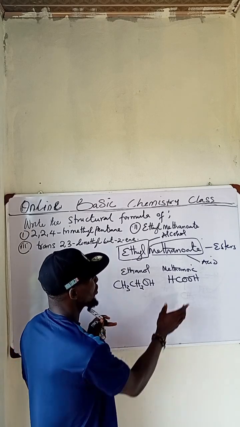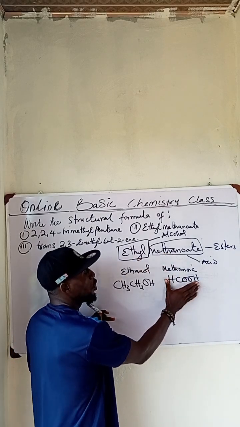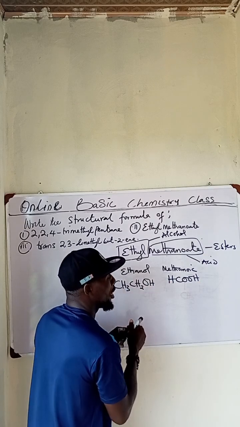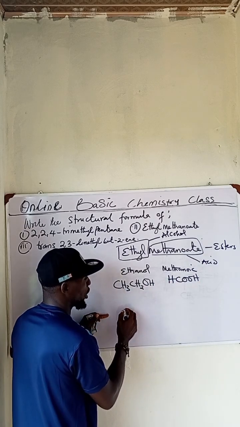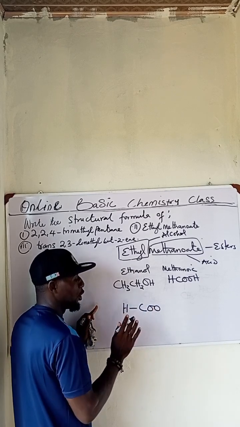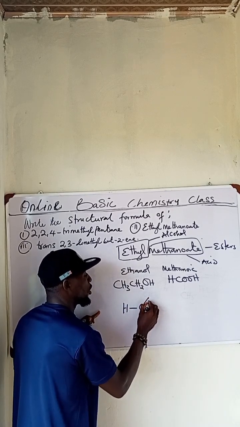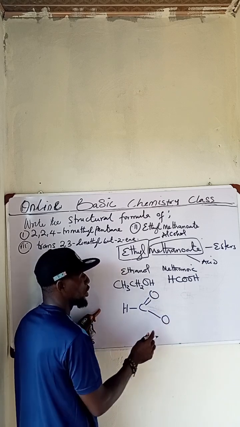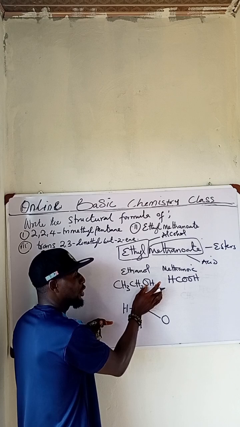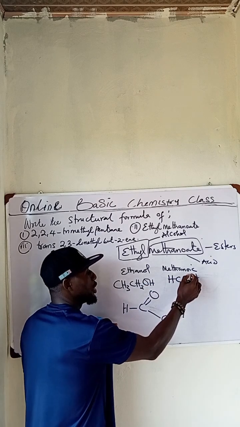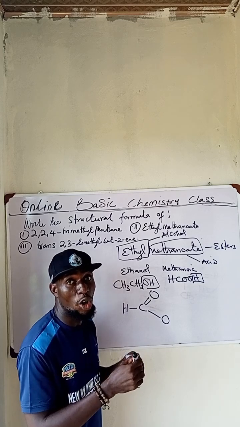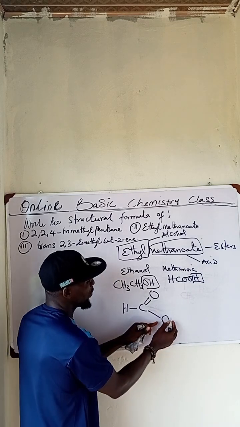In writing the structure, the formula of the acid comes first, before the formula of the alcohol. So the acid part becomes HCOO. The hydrogen will be lost from here, and the OH will be lost from the acid, forming water because it's a condensation reaction.